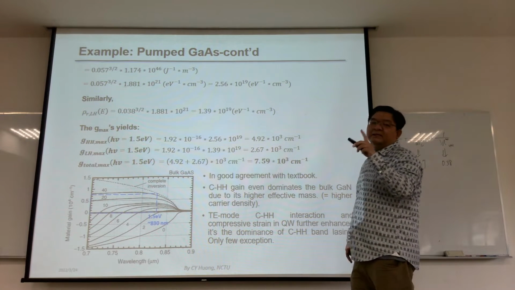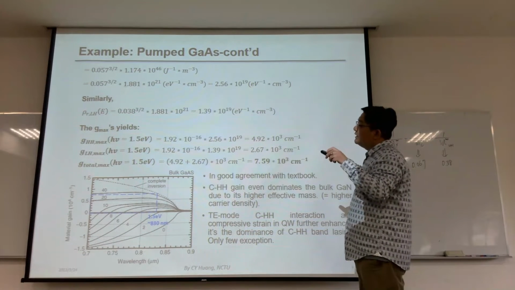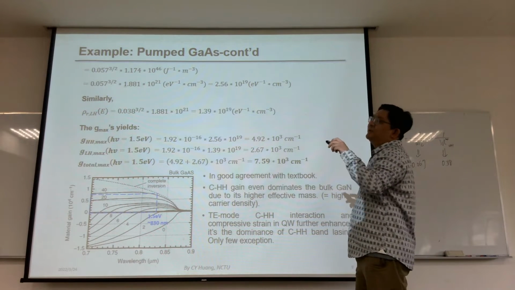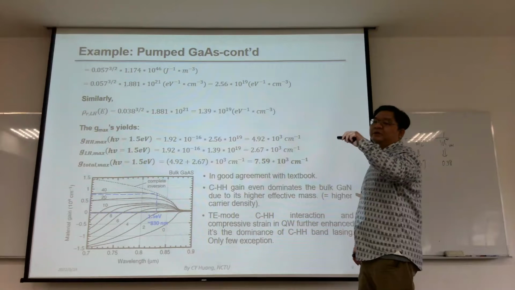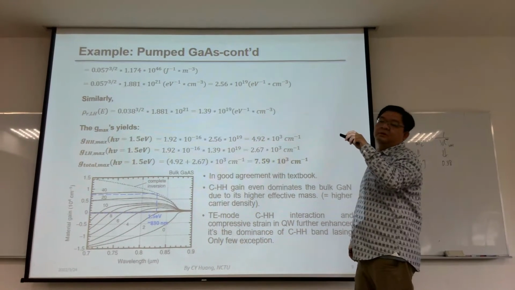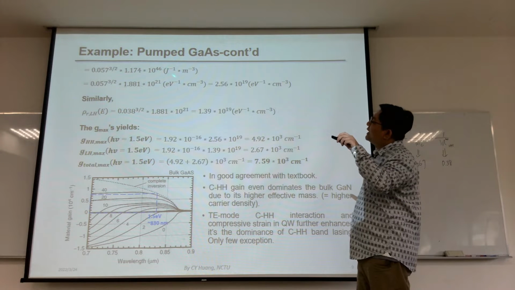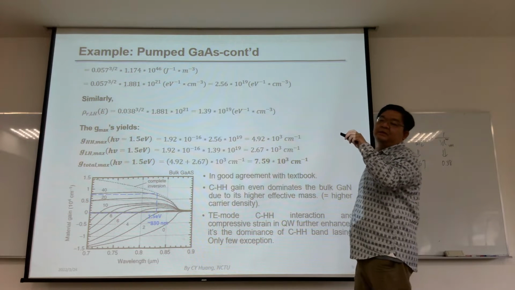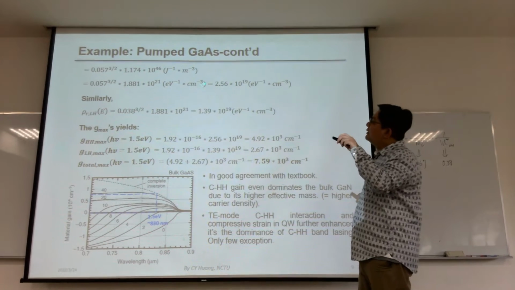Since it is in SI units, you need to double check the unit of every term. It turns out to be per joule times meter inverse cubed.